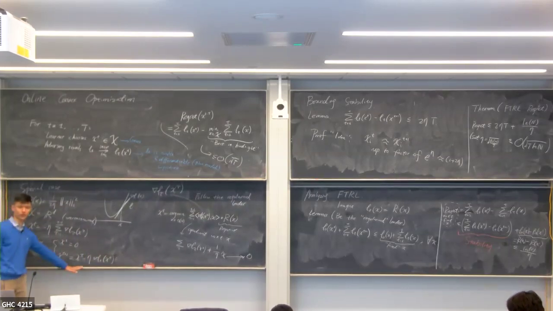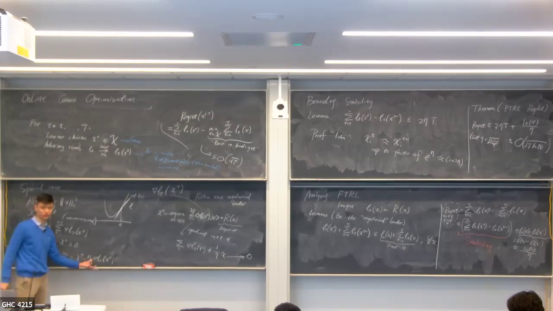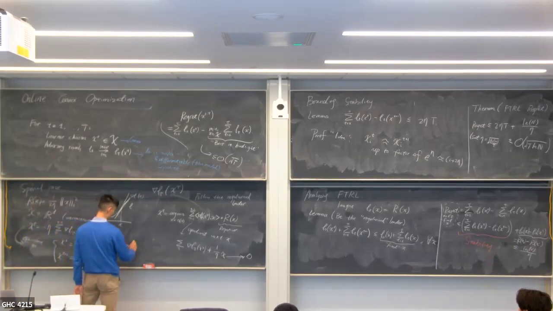Yeah, this is just gradient descent. In fact, since we're dealing with a loss function that is chosen adversarially, this algorithm is just called online gradient descent.